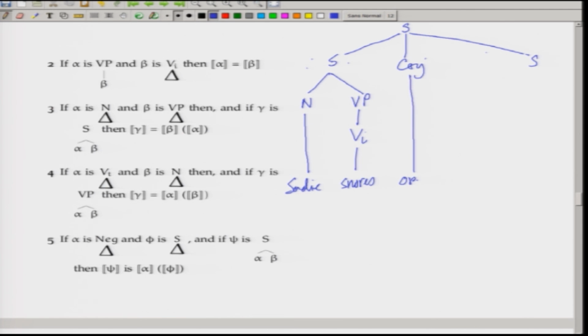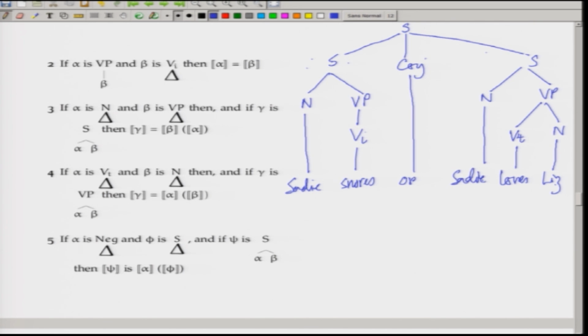We are constructing the whole sentence we wrote here, and then this S goes to N and VP, where the VP goes to VT and N, VT goes to loves, N goes to Liz, and this N goes to Sadie, say.